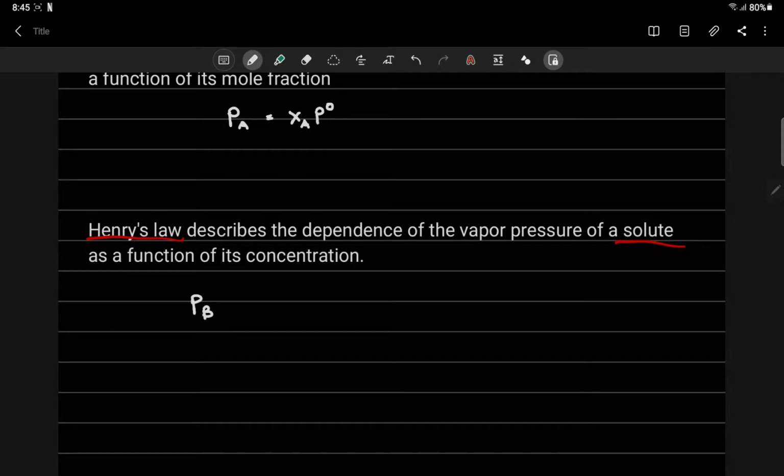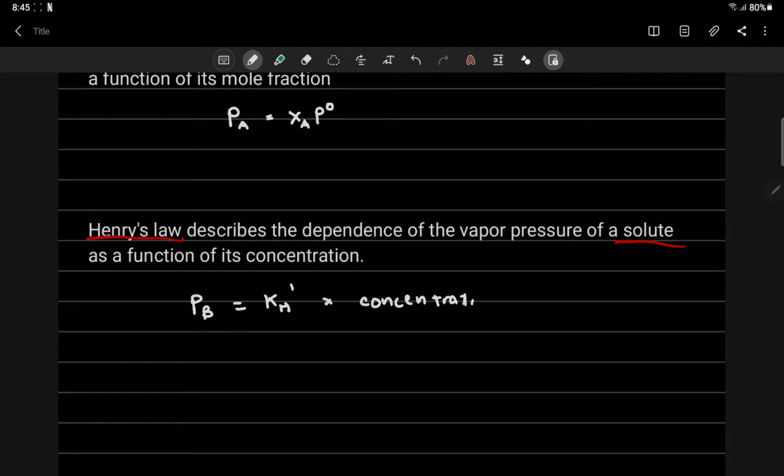So B ang gagamitin natin. So partial pressure of B, it is related to the concentration of B with a constant of proportionality. So yung constant of proportionality dito, tawagin natin siyang K sub H prime. Okay? And then multiply this by the concentration of B.